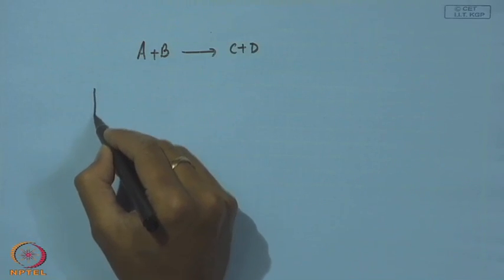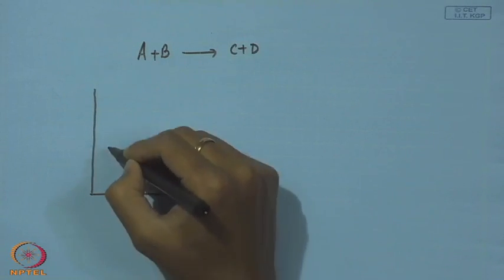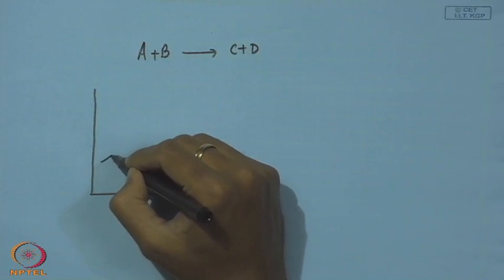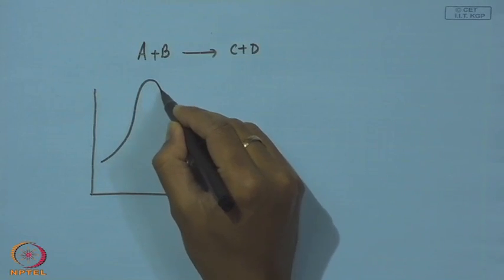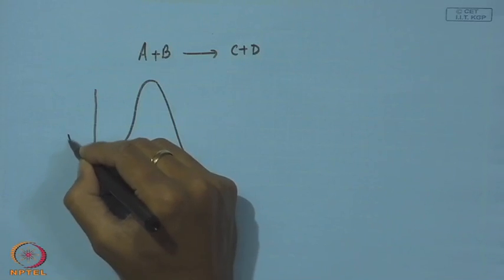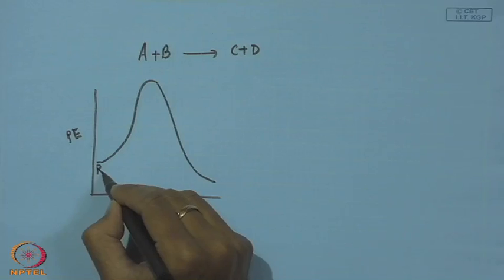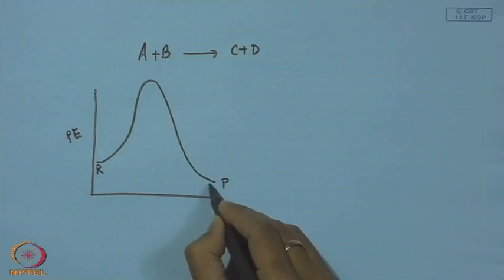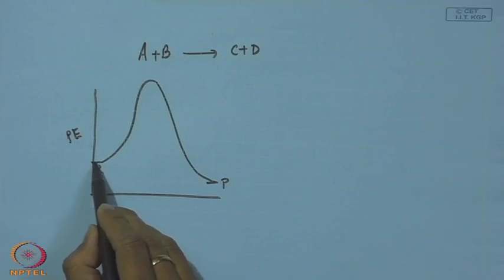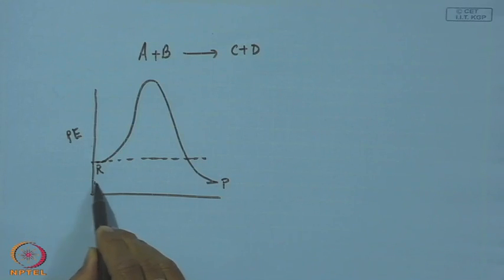So, in terms of activation energy, maybe you can draw an energy level diagram, that this is your potential energy of the system, this is your reactant, and this is your product. Okay. So, the reactant state is located here and the product state is located here.